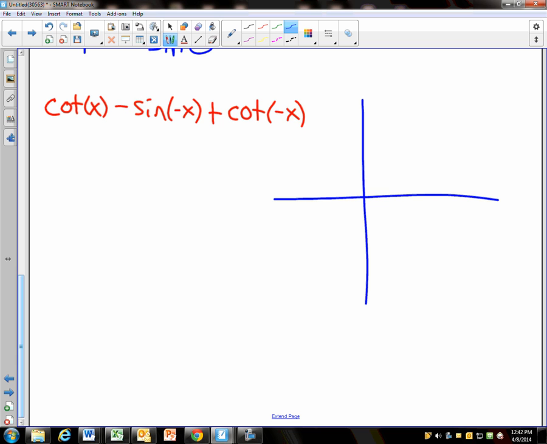Sine is positive in which quadrants? First, second, and it's negative down here. So if I take a positive angle and I go up, it's positive. But if I do that same angle in the opposite direction, a negative angle, you can see it turns from positive to negative.